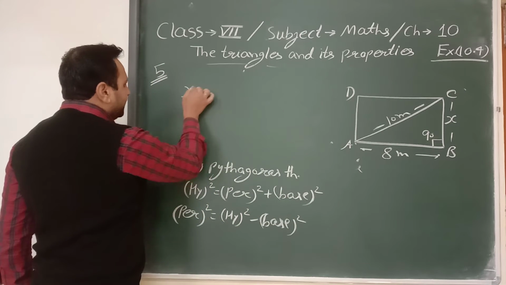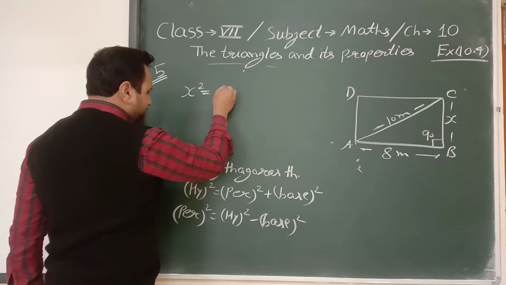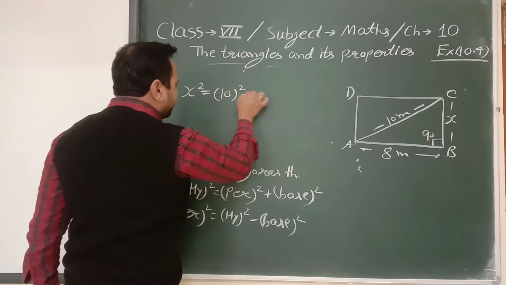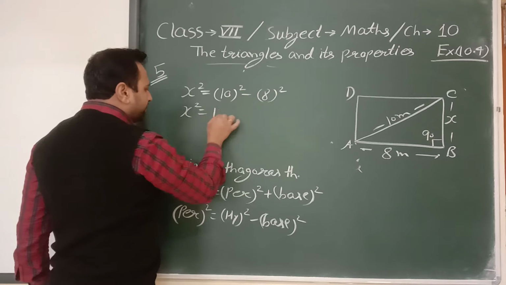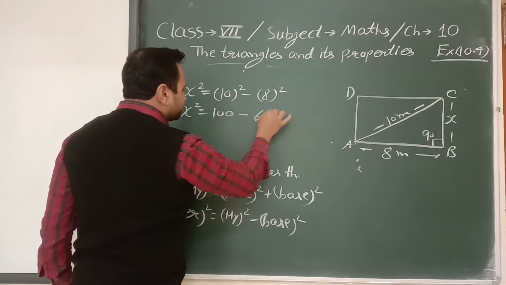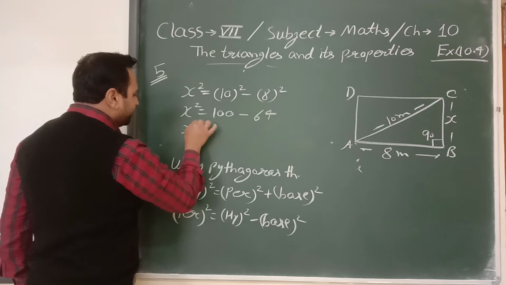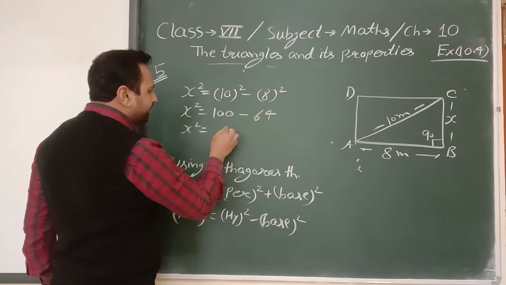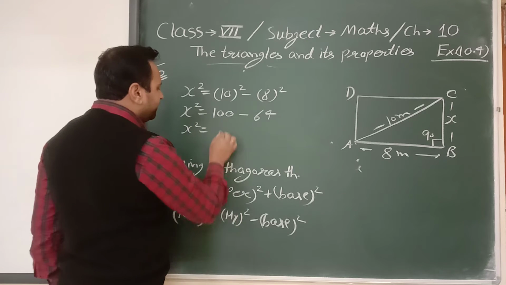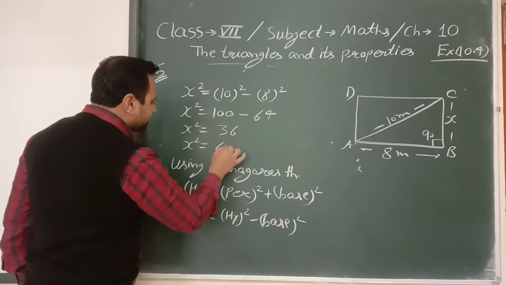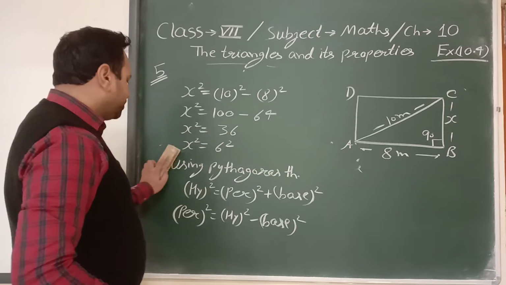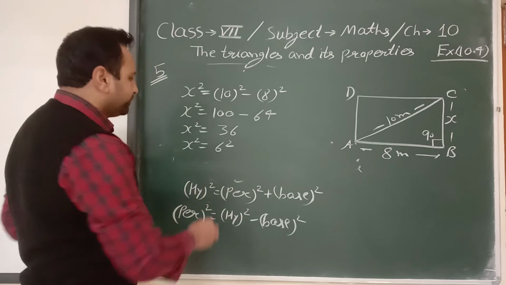Perpendicular, it means x square is equal to 10 square minus 8 square. X square is equal to 10 square, it means 100, 8 square it means 64. So x square is equal to 100 minus 64. It means the value of x square is 36, and we know that 36 is the square of 6. So x is equal to 6 meter.